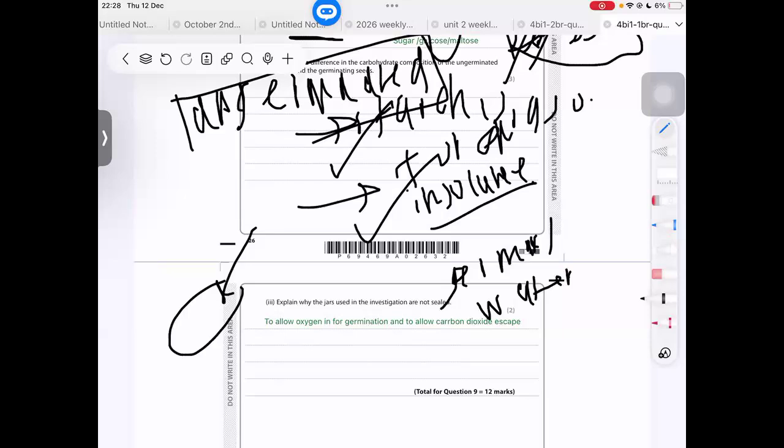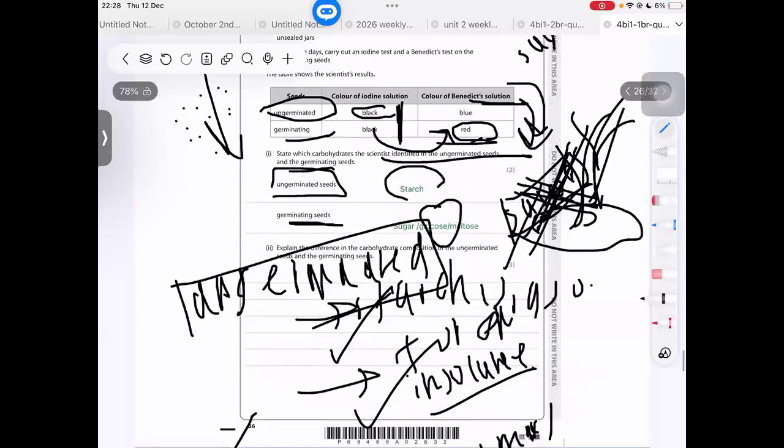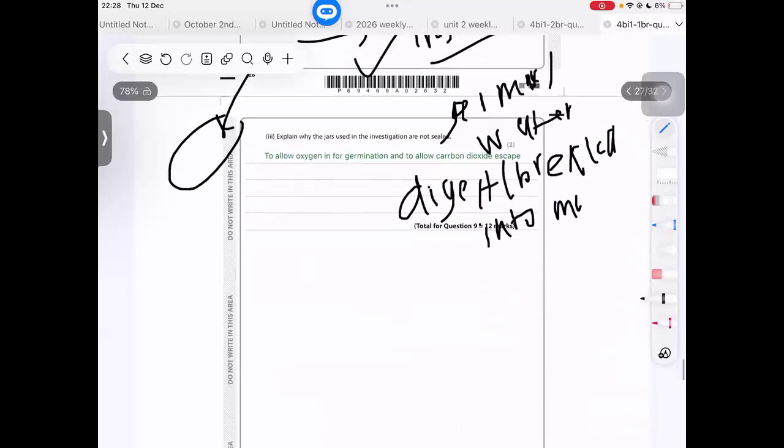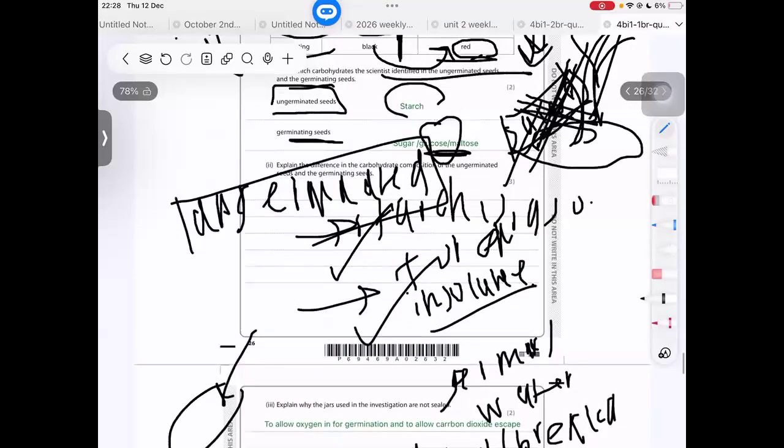When water activates these enzymes, they digest or break down the starch into maltose or glucose. That's why you have maltose and glucose in the germinating seeds, because when water enters, starch is being converted into maltose and glucose. And you can mention this glucose is used in respiration.